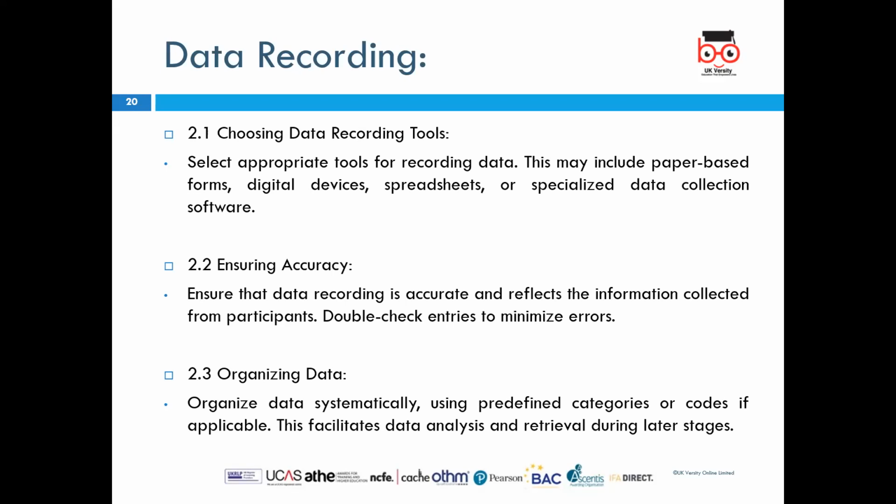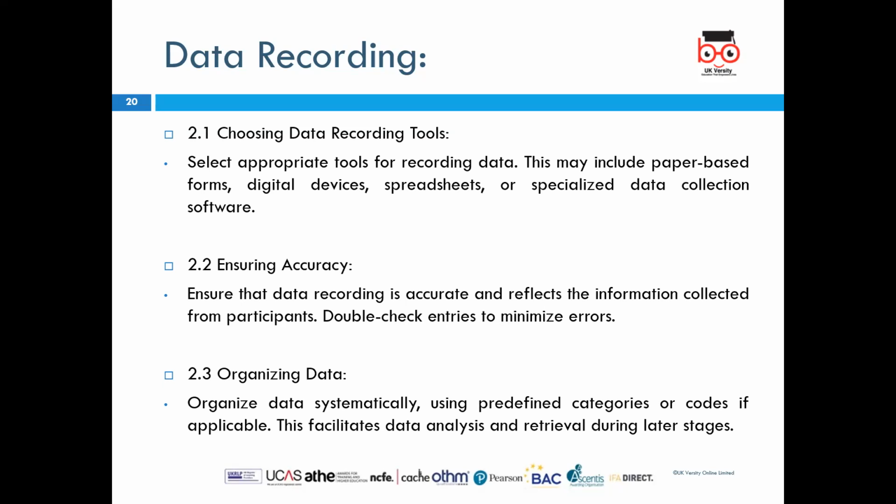So data recording tools. In data recording, first of all, you have to select appropriate data recording tools. It may include paper-based forms, or you may use Google Forms, or a survey questionnaire form from Qualtrics, or you may use spreadsheets or any specialized data collection software.